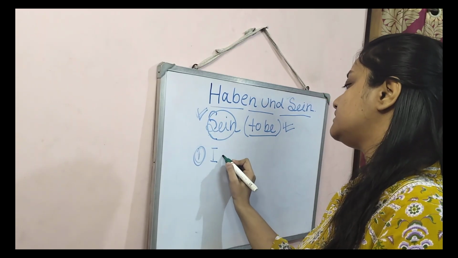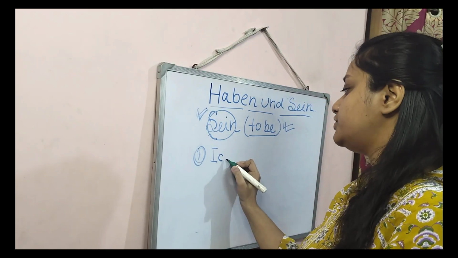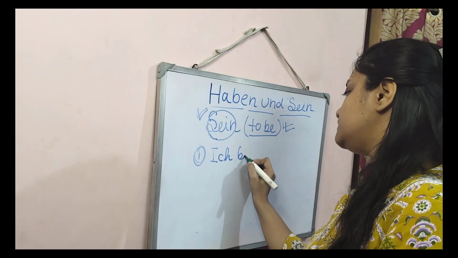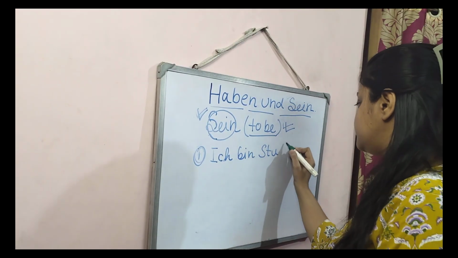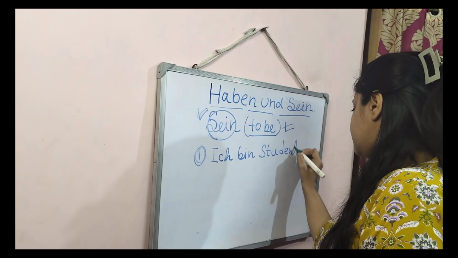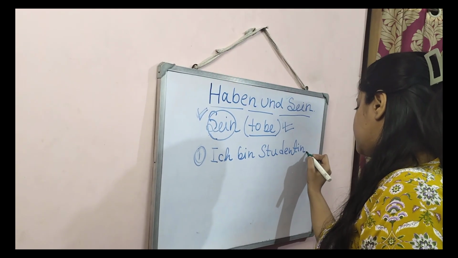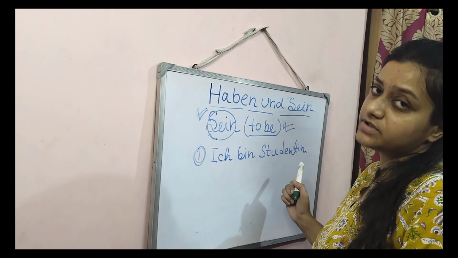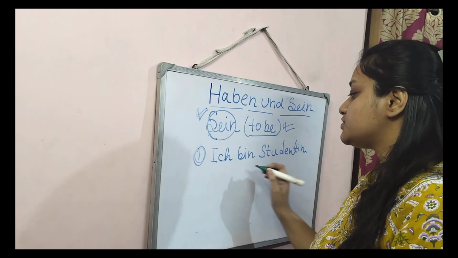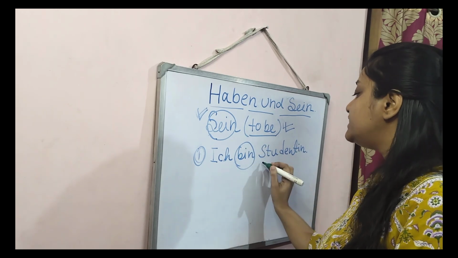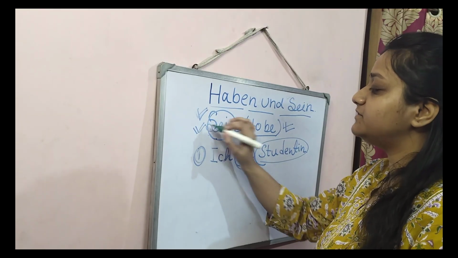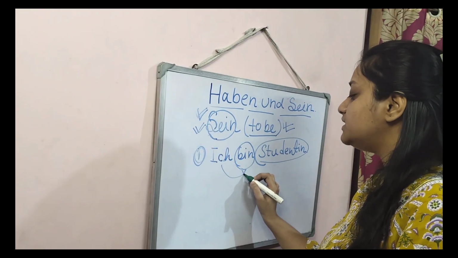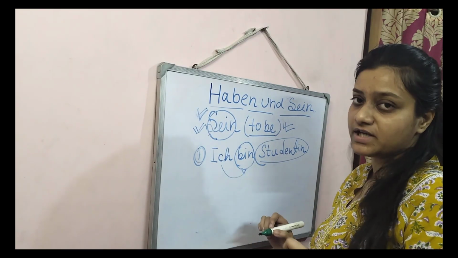Identification means, for example, Ich bin Studentin. I am a student. So identification: identify the person using the sein verb. And why it is ich bin, I will show you in the conjugation.